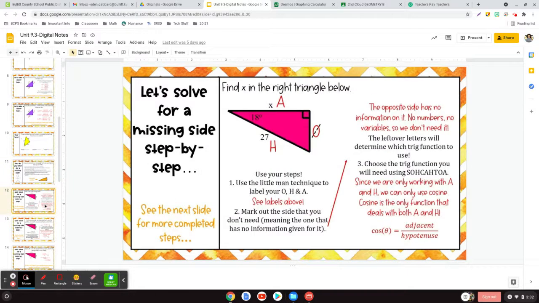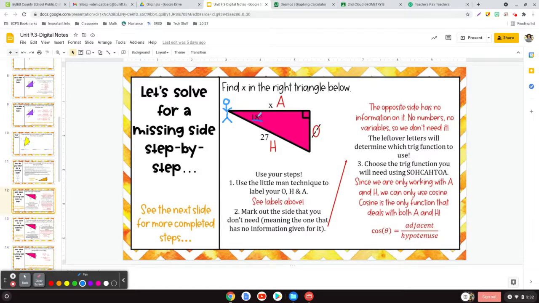So let's solve this step by step. Step number 1, use the little man technique to label your O, H, and A. So let's put our little man on here. It's a pink triangle, so we'll make a little blue man. We put our man by the angle that we're working with. Well, this one only has this 18 marked, so this is the angle that we're working with.